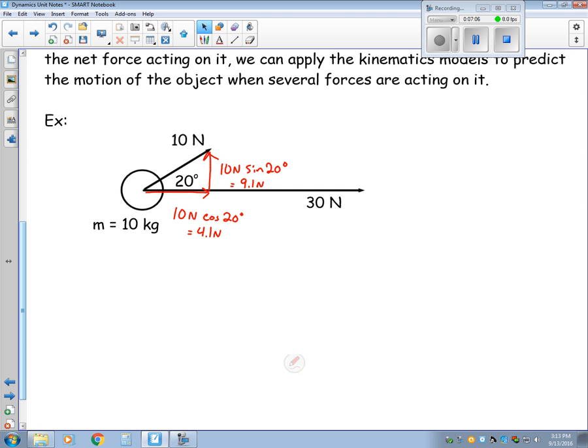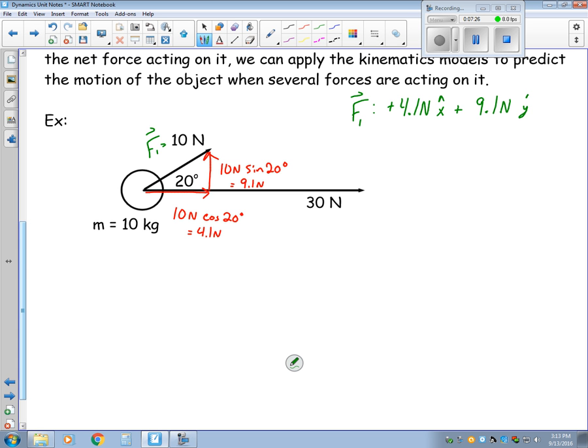So the first vector, I'm going to call this F1. I can write this vector as positive 4.1 newtons in the x direction plus 9.1 newtons in the y direction.